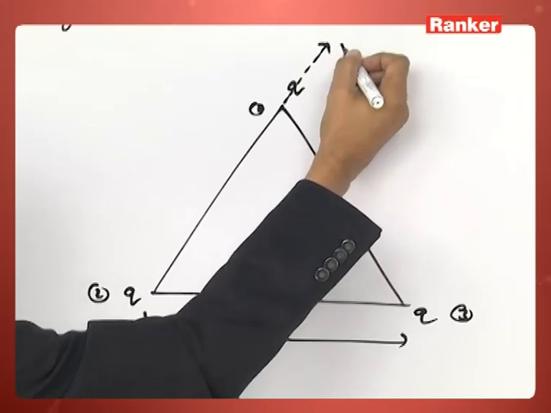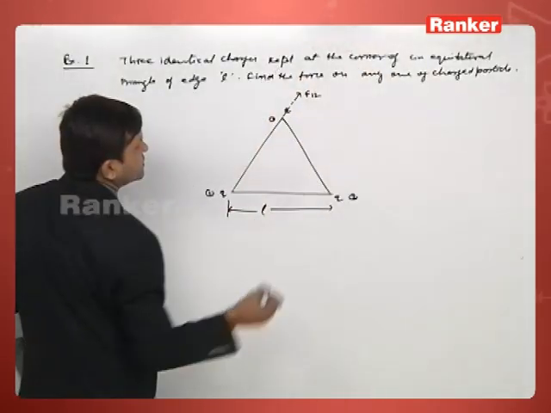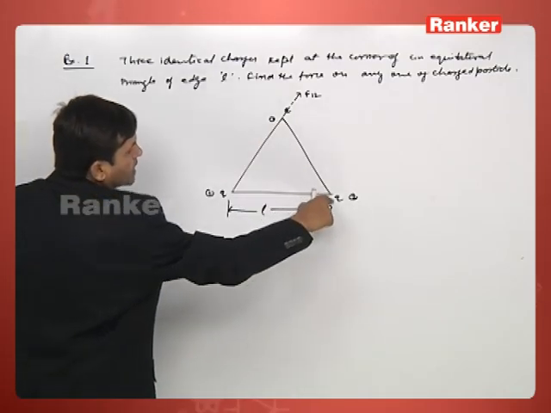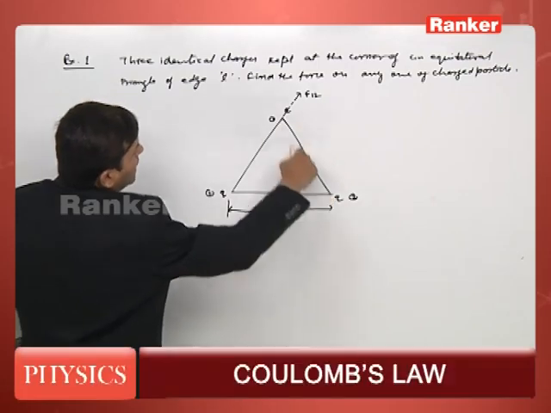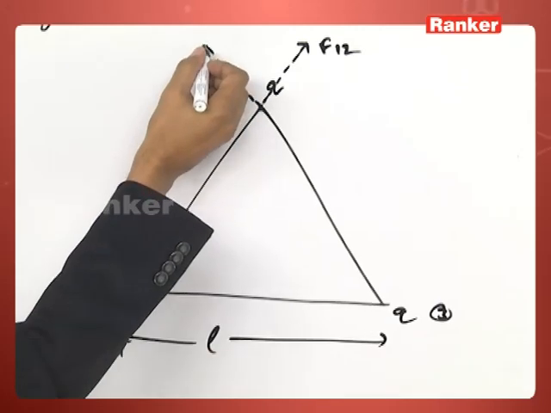So we can say the force on 1 due to 2 is F12. Similarly, the force on 1 due to charge 3 is also repulsive, so its direction will be like this.